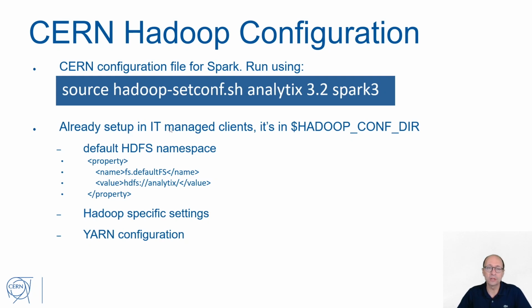The configuration of the CERN Hadoop machines also has additional parts, in particular for Hadoop. There is a HADOOP_CONF_DIR directory that points to the various Hadoop configurations, notably pointing to the Hadoop cluster that we want to use, and also other parameters.